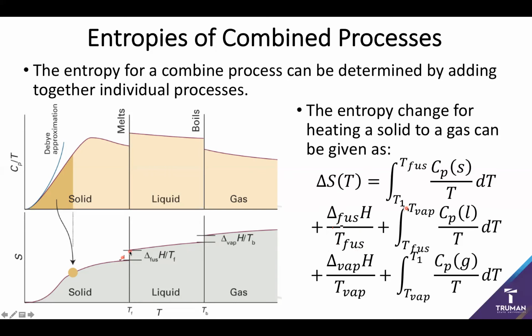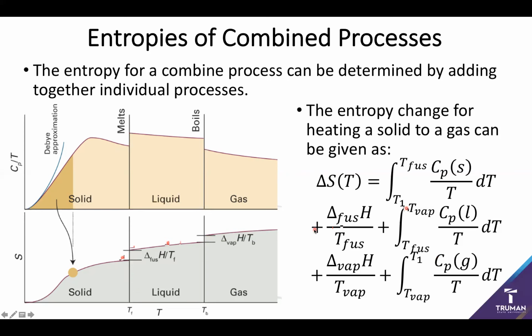And then using the heat capacity of the liquid, I can examine how entropy changes with temperature, and then again examine the entropy of the phase change, which is again an isothermal process. So at this point, we'd be looking at the boiling point or the vaporization temperature. And then again, we can examine how the entropy changes as we heat this gas.